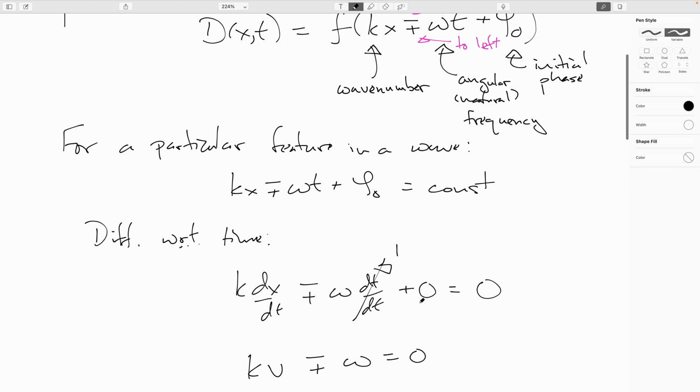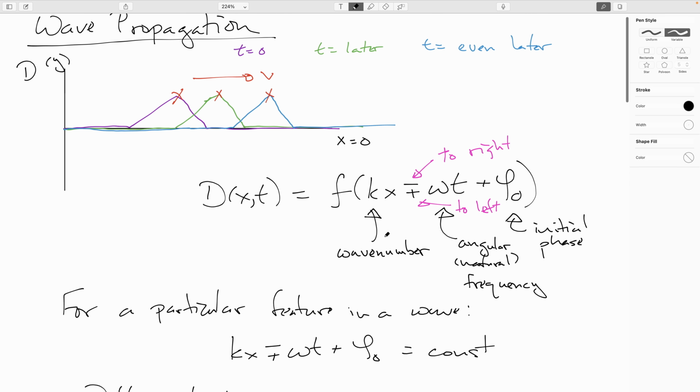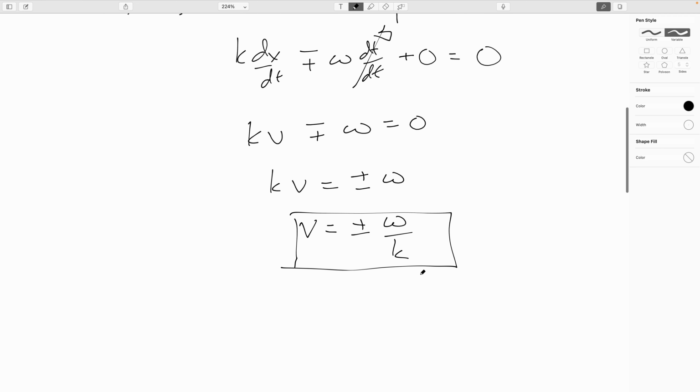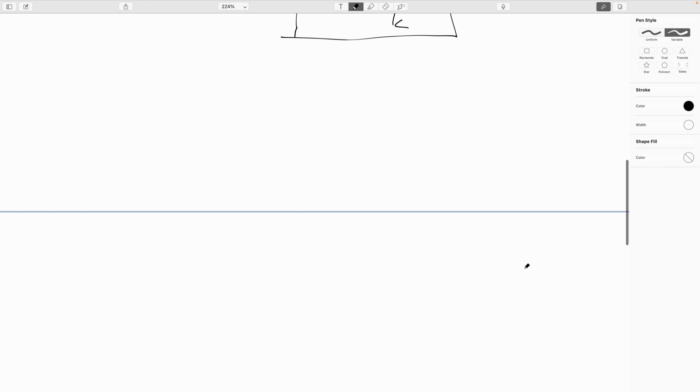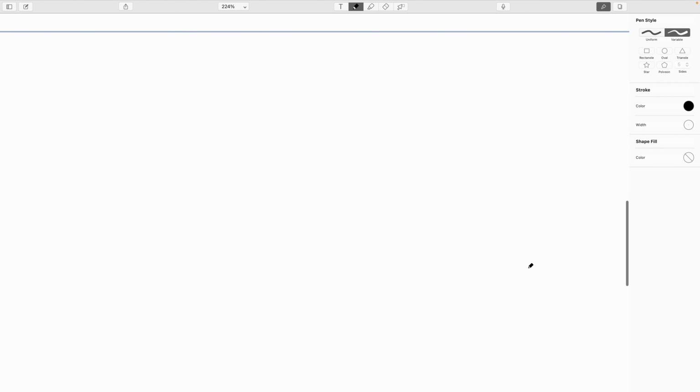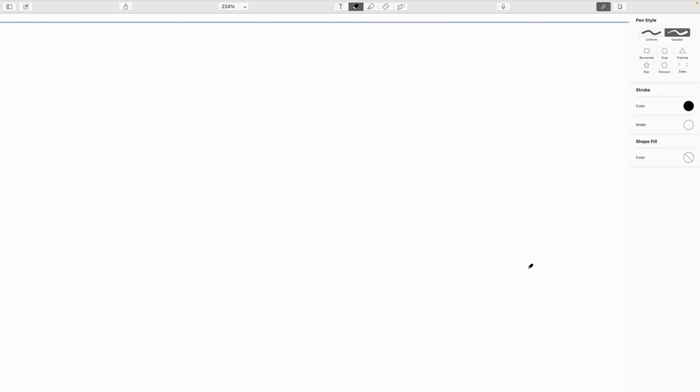The best way I can think of it otherwise is that as x increases, I need this term here to decrease to offset it in order to keep returning my peak as I move off to the right. Alrighty. So with that, we can start to think about representing the propagation of the wave.